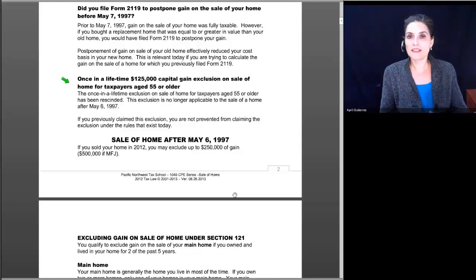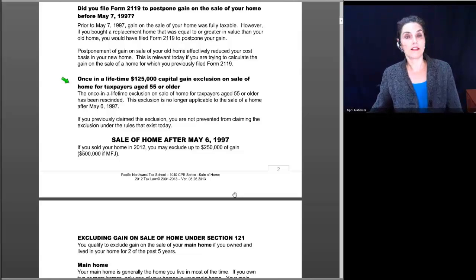So that is how those rules work, and they're relevant today because if you have a person who has a gain that was deferred in an earlier year because they filed Form 2119, it's going to have an effect on the basis of the home that they own today. And if they sell the home today and they sell it for a gain, and you wish to go ahead and claim that exclusion for gain on the sale of home, you have to work from the reduced basis of that home rather than the actual purchase price of the home.